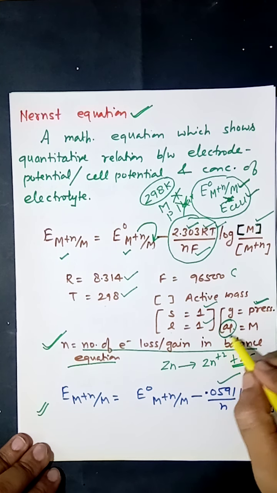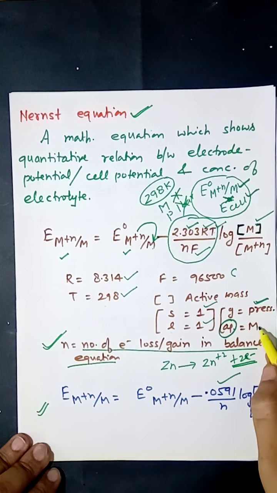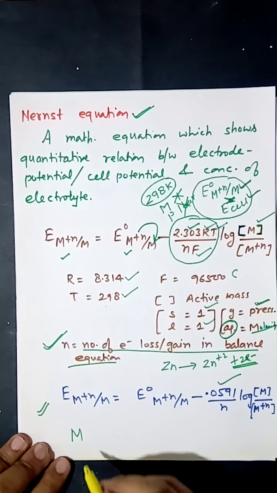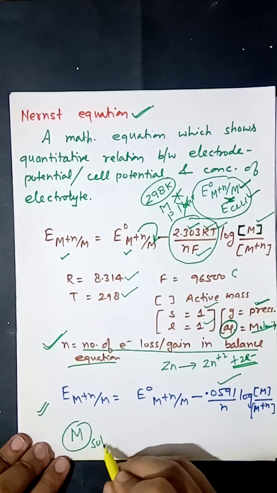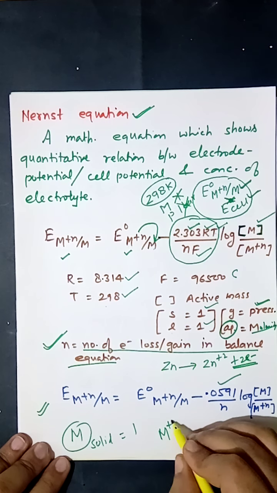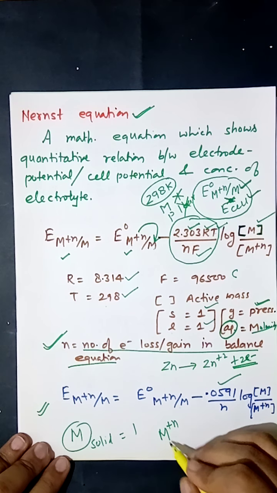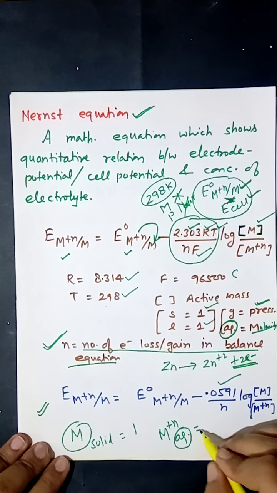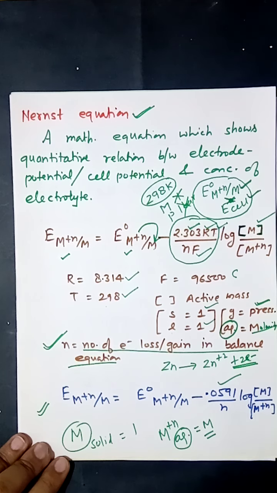And active mass of an aqueous solution, this is most important for us, will be its molarity. Now M, its physical state is solid and therefore its active mass will be 1. But whenever you are given M plus n, it means ions are given, its physical state is aqueous and therefore its active mass will be its molarity.